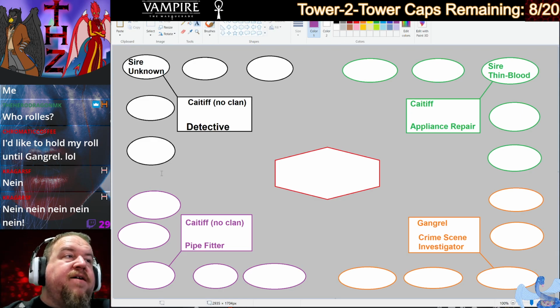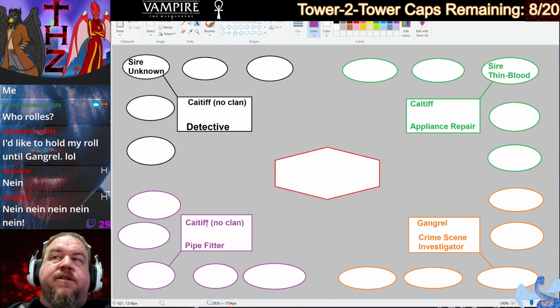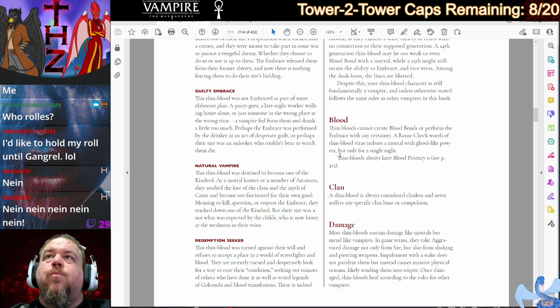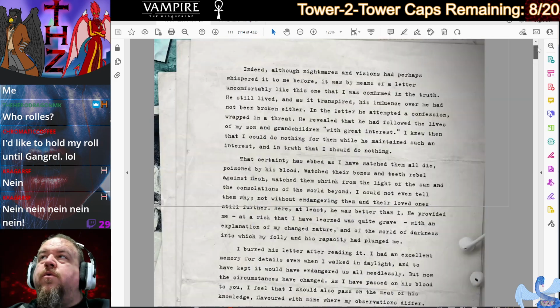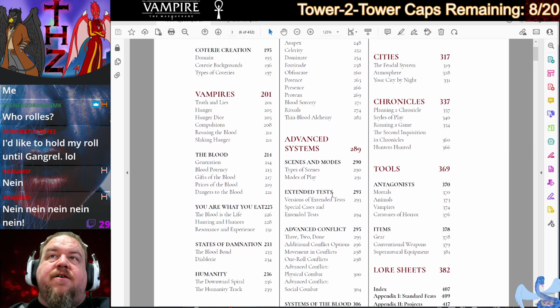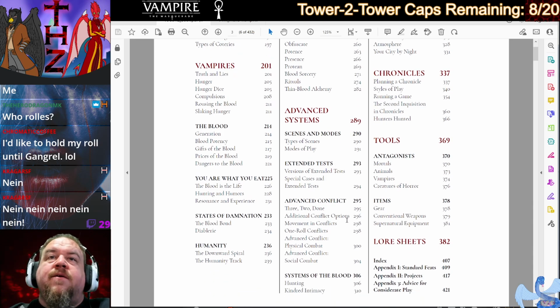Next up, after Fav. May I please have a 1d10 roll in chat? Ten is your choice. So after Fav, you get to choose the clan of the sire of this other caitiff.